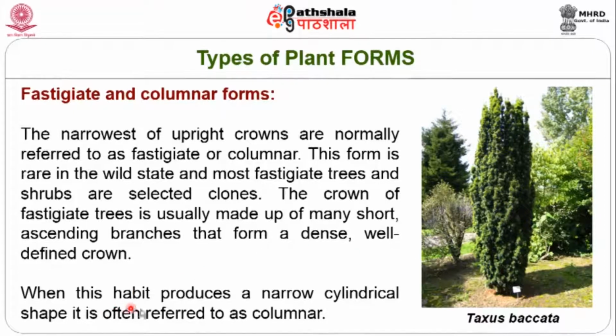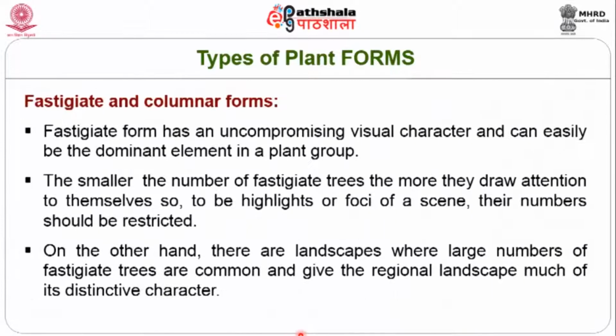But when this habit produces a very narrow cylindrical shape, that is called a columnar form. So you have the fastigiate as well as columnar. Columnar comes very specifically where the shape is perceived more as a cylinder. That is where we classify them as a columnar form.